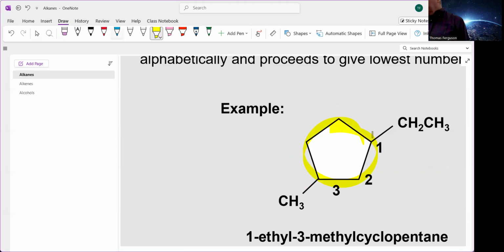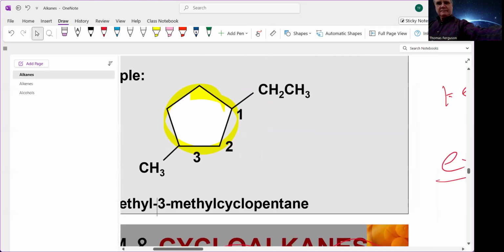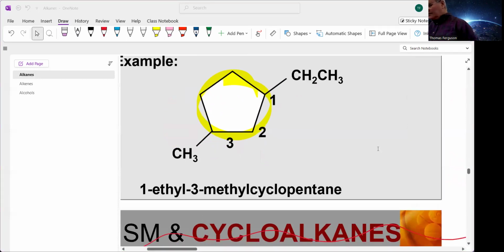All right. So how long is the backbone? Well, we have 1, 2, 3, 4, 5 carbons long. And it's a cyclo. Now we have a 2 carbon and a 1 carbon branch. The 1 carbon branch is a methyl, the 2 carbon branch is an ethyl.